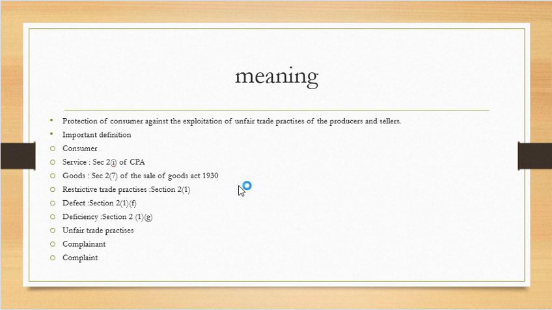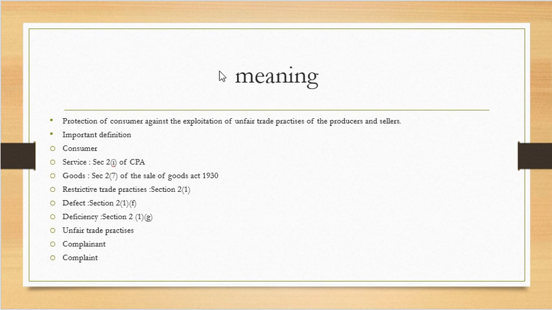The next important definition is restrictive trade practices, which is under section 2 subsection 1 clause (nn).